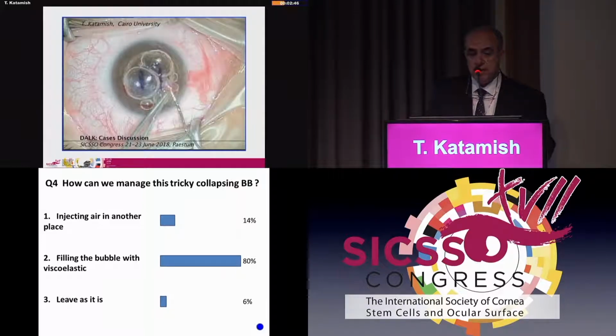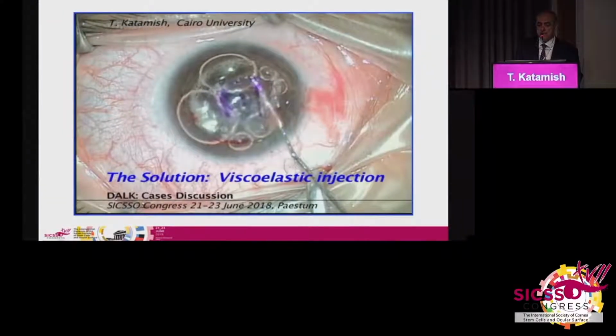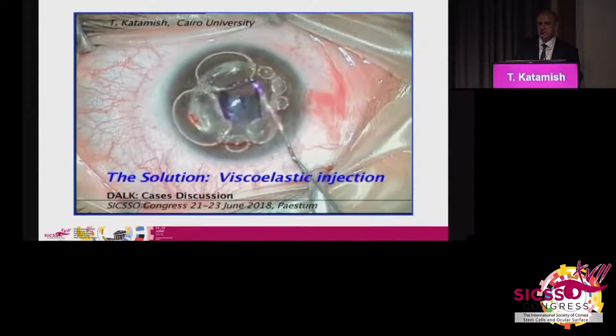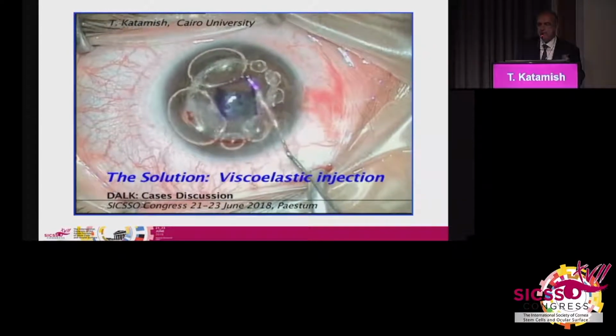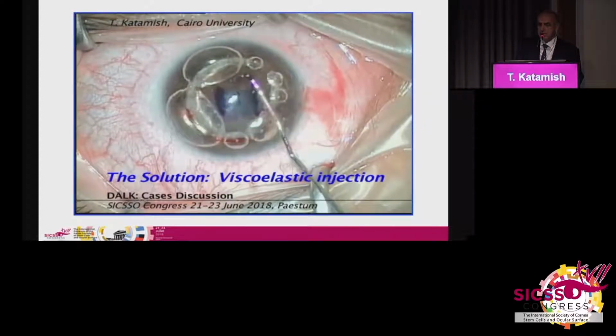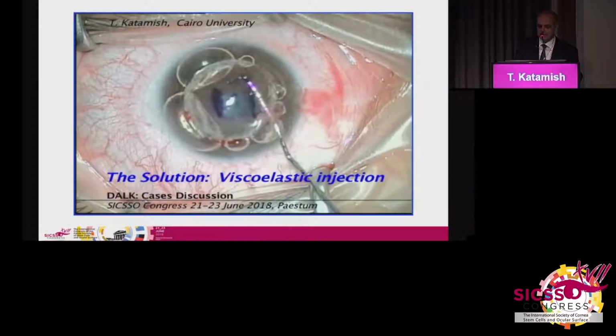So if you go again and inject a viscoelastic in the tract, you will have the big bubble formed and stable, because it is very difficult for the viscoelastic to escape through this tiny leaking tract. So the solution here is to inject your bubble again with a viscoelastic.